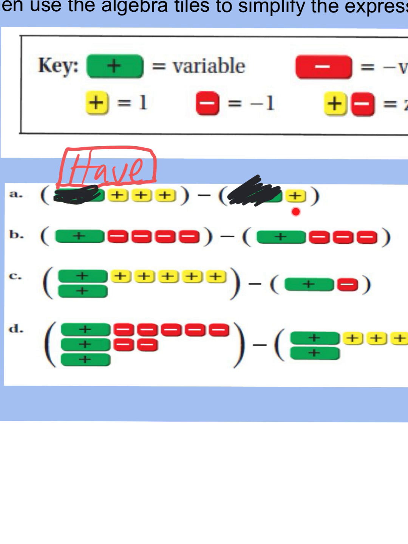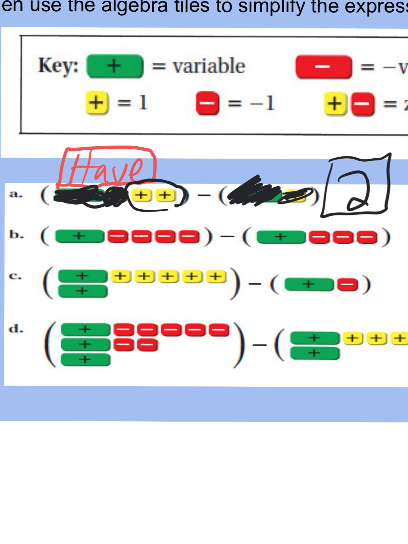Now I'm going to take 1 1 away from these 4 1s. So when I cross this off, what do I have? And I already used that. So what's left? I have 2, I have 2 1s.